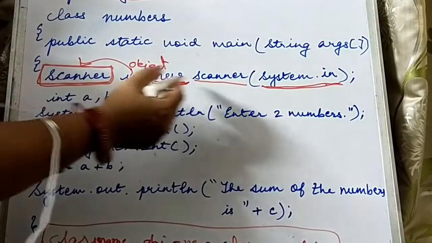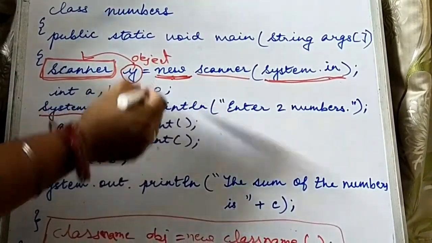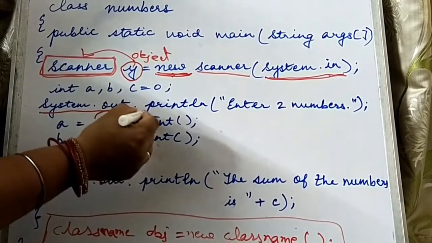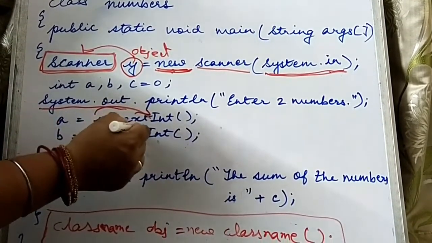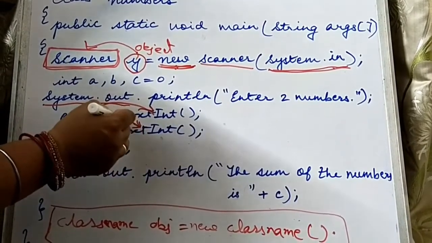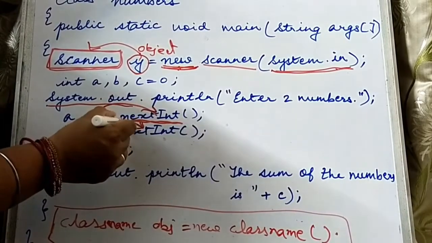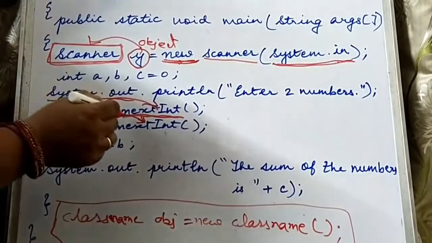We are just creating one object, and through this y object I can access some method which is actually present in the Scanner class, this nextInt. nextInt is a method present in the Scanner class.